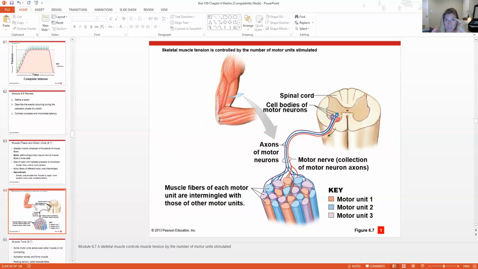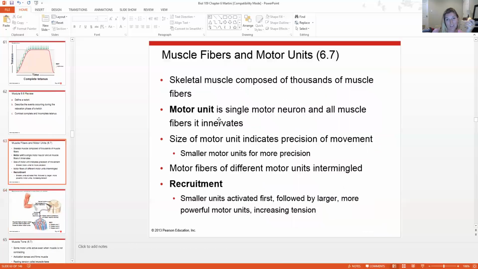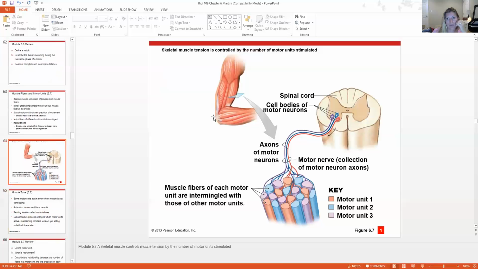What that is doing is your motor neurons are saying, we need more biceps, we need more biceps. So it's basically recruiting more motor units, getting more of these muscle fibers to be activated so that you can finally pick up that box.